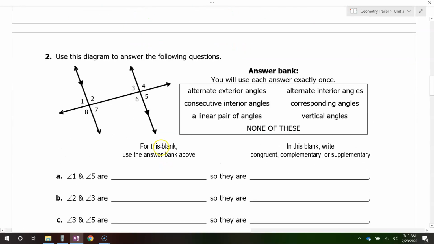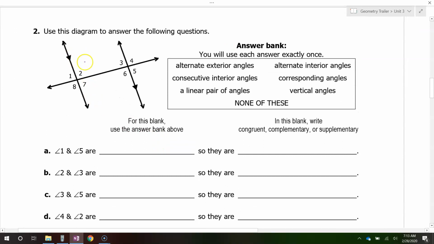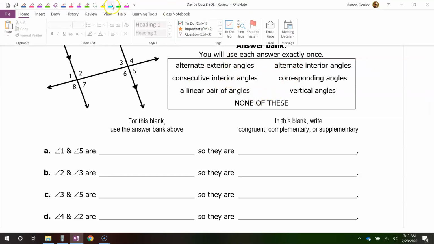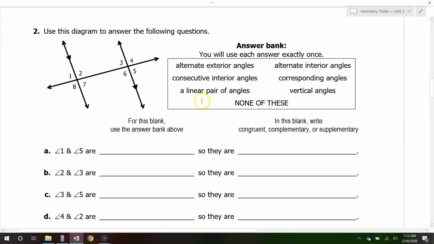All right, moving on. Notice that these lines are parallel. So when you have parallel lines being cut by a transversal, this line cutting through is called a transversal, then most of these angle pairs are going to be congruent. So all of these are congruent except for two of them. So I'm going to highlight the two that are supplementary first.